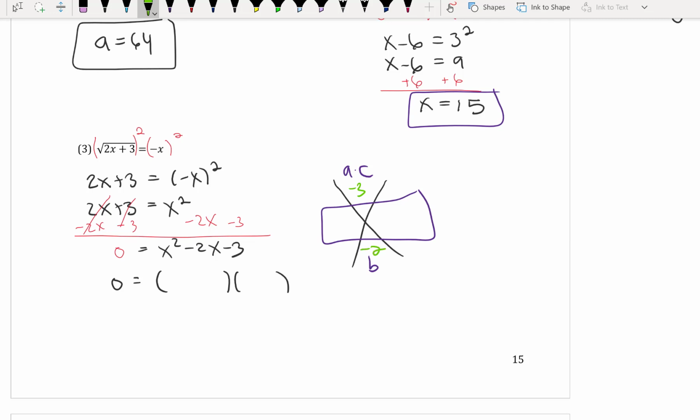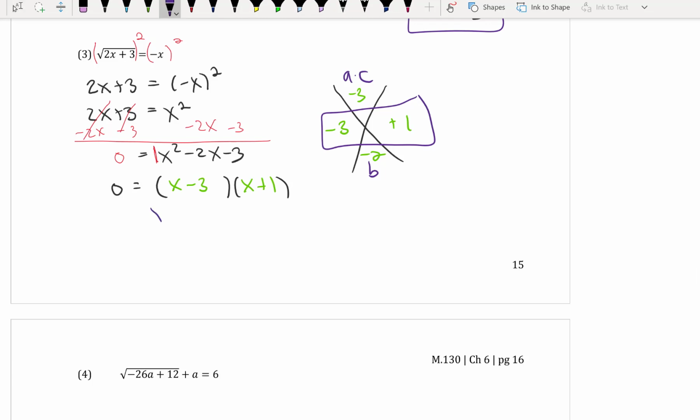Well, the only numbers that multiply to 3 would be a 3 and a 1. If you want it to add up to negative 2, it would be negative 3 and positive 1. So I have x minus 3 and x plus 1. And remember, the only way I'm able to do that is because I have that leading coefficient, which is 1.